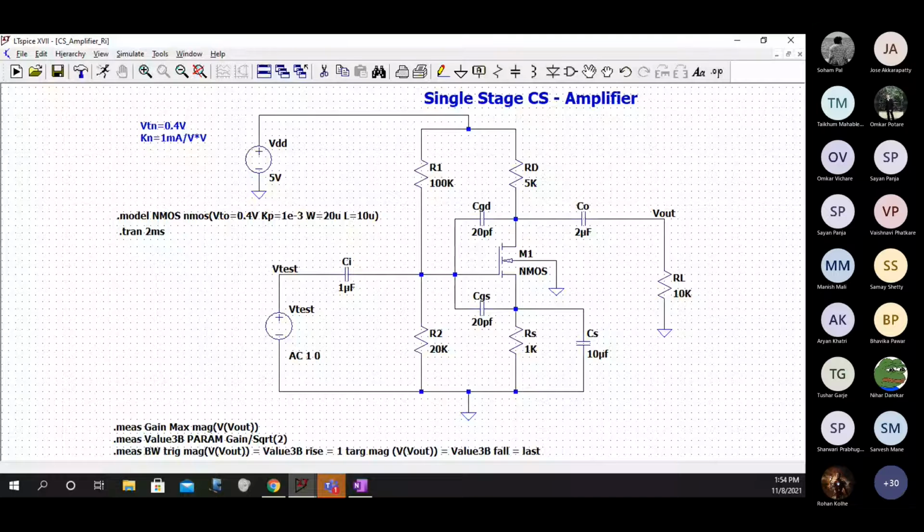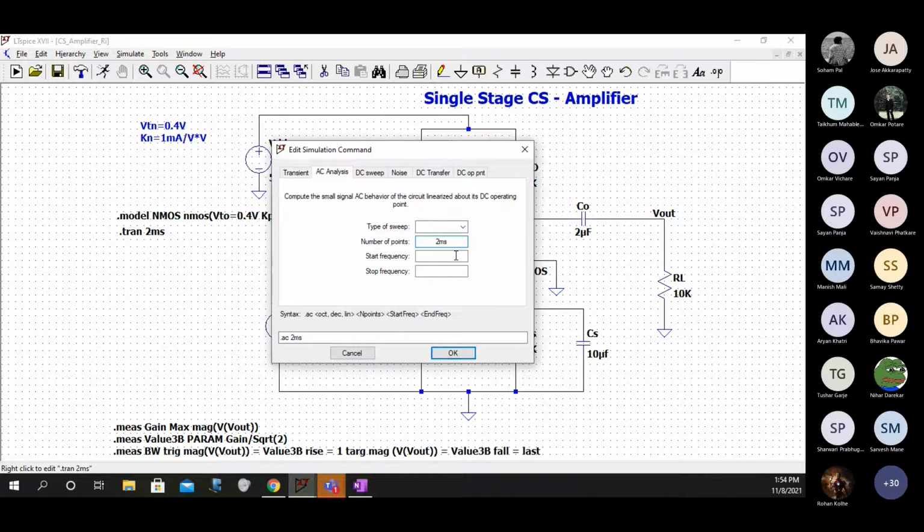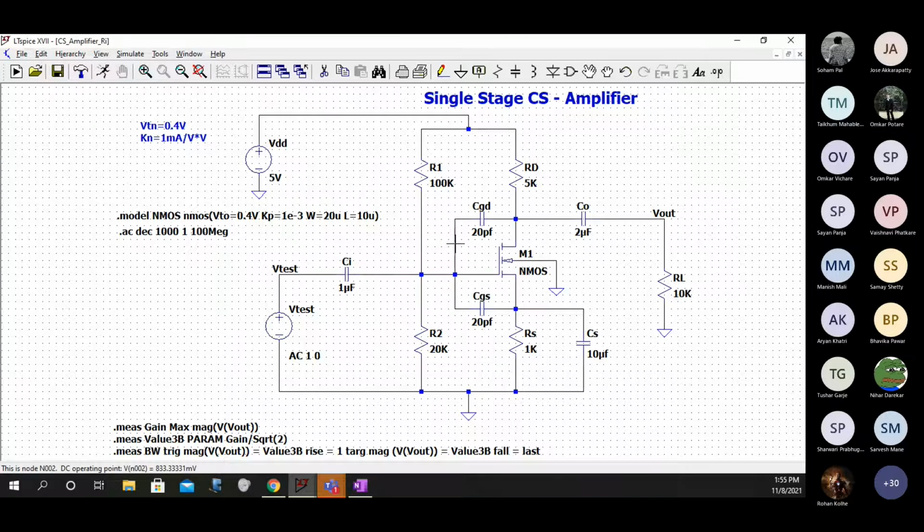So here I'll change back from .tran to .ac. I'll go back to decade. Next, what we had written before, we'll come back to that, and let's try and simulate this.